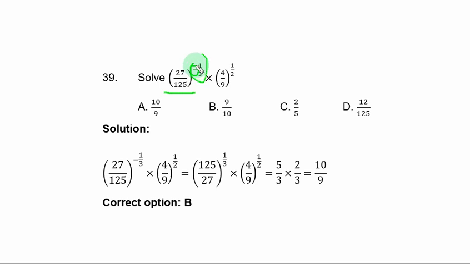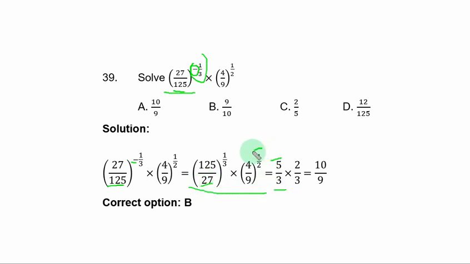If you apply negative index, since the base is fractional, you simply interchange the position of numerator and denominator. The power becomes positive. 1/3 means cube root. So cube root of 125 is 5. Cube root of 27 is 3.